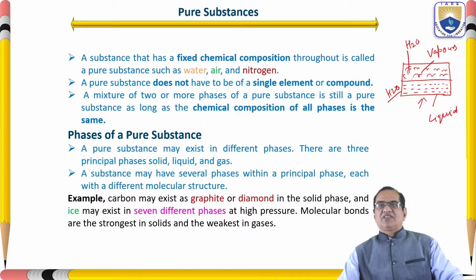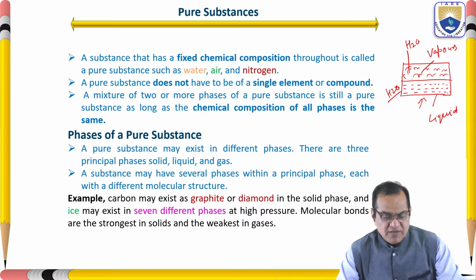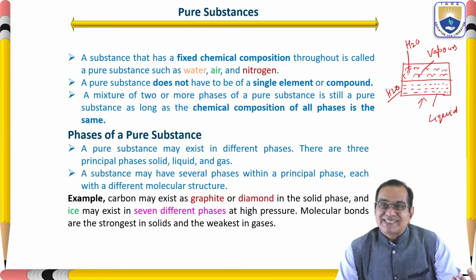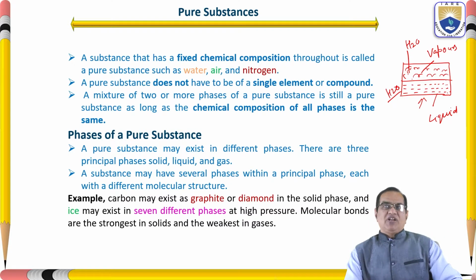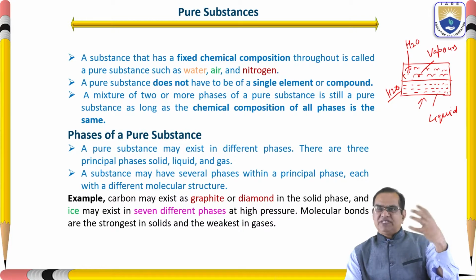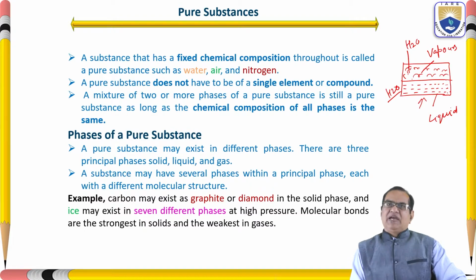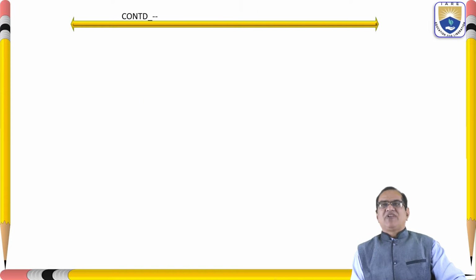Molecular bonds are the strongest in solid and the weakest in gas. Diamond is very hard and tough, graphite is very smooth, but both are solid. In the same way, the same substance can exist in different phases.